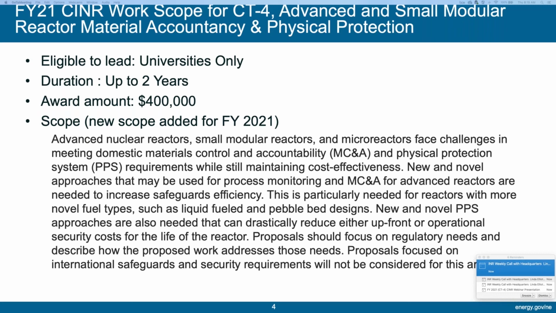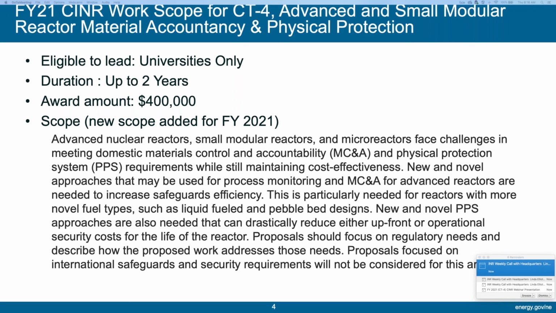Can traditional LWR MCNA be used as a template for MCNA? Or, could you investigate this as part of the work scope? So the traditional light water reactor MCNA, a lot of the basis for that centers around the fact that you have large discrete fuel assemblies, which are, frankly, difficult to steal.